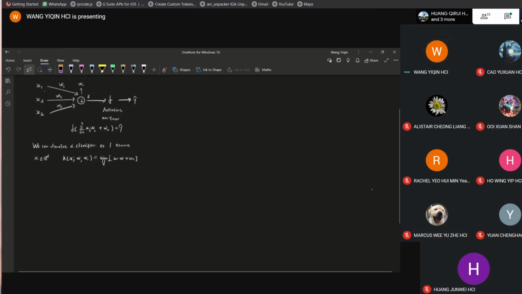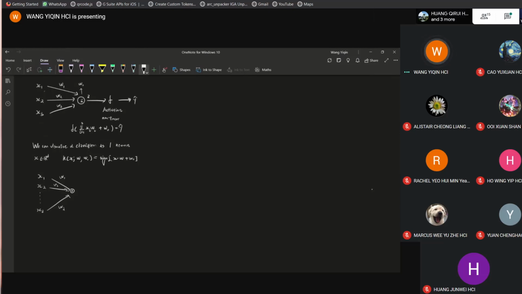And we can do it in the neuron form, where you have x1, x2, all the way to xd. And these are all connected to a neuron with some weights, so your w1, w2, wd.